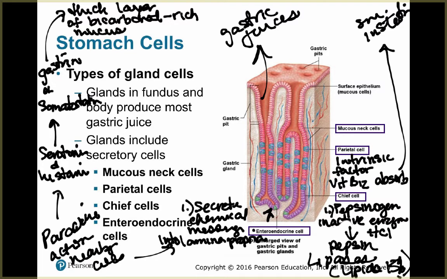Can you see why that might be important? If we're producing all this stuff that's going to make the stomach really acidic, which will cause items within the stomach to go through hydrolysis, and these enzymes that will start tearing away proteins and fats, we want to make sure that we're not actually digesting the cells themselves that are in the stomach.